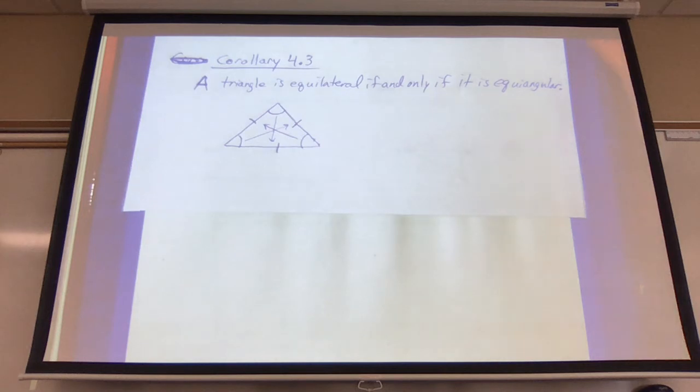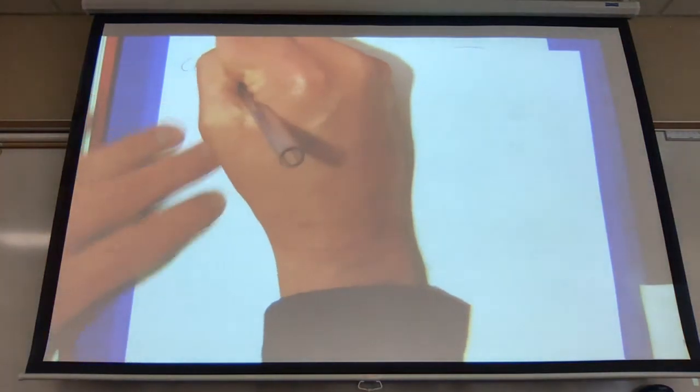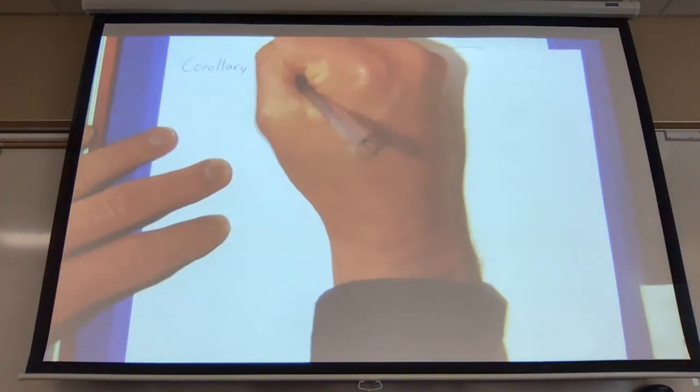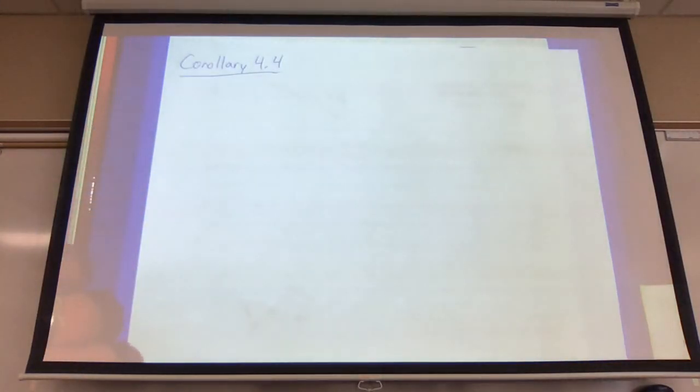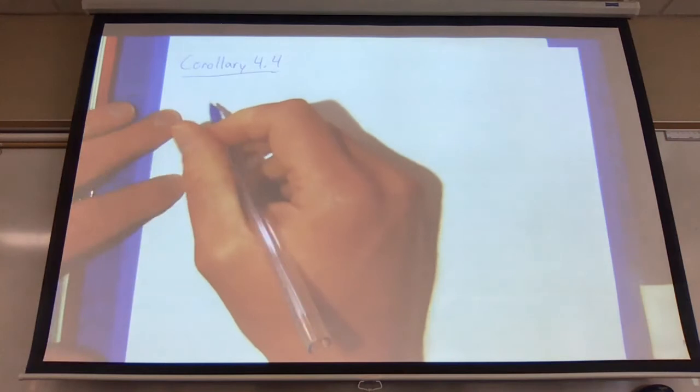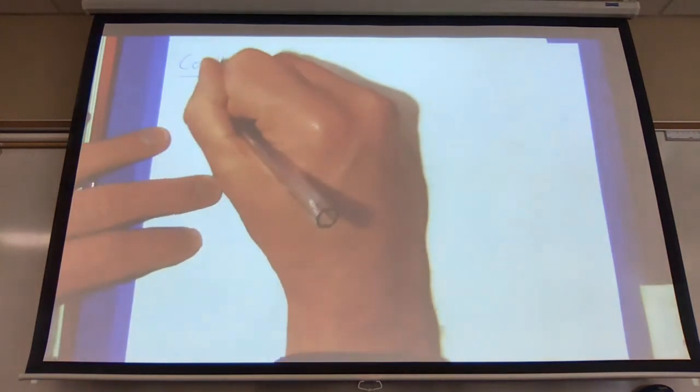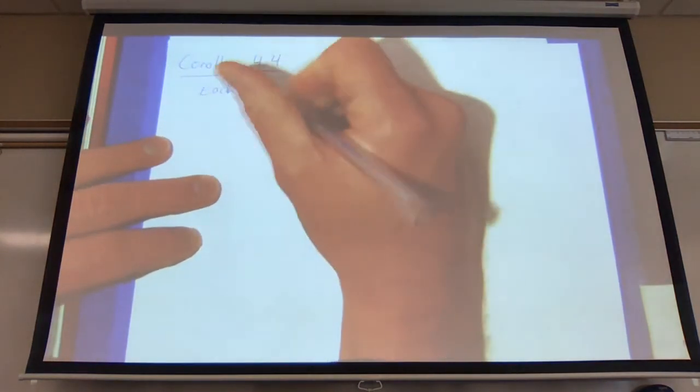And then we have one last corollary, which I think you guys can come up with on your own. This one's corollary 4.4. And we'll do the words first again, and then we'll see if we can finish it off.